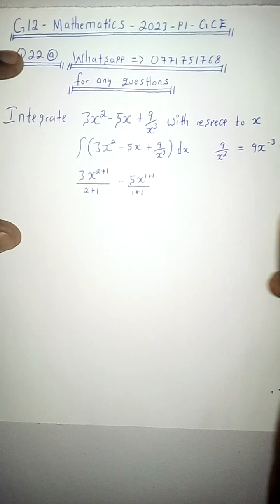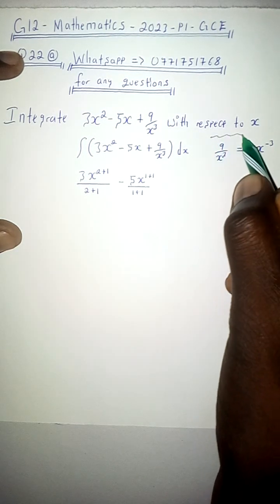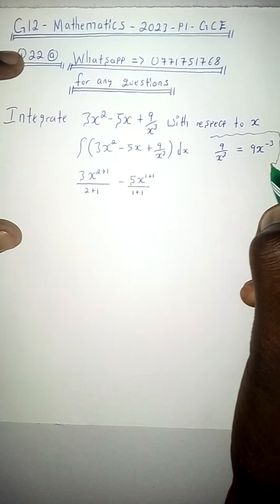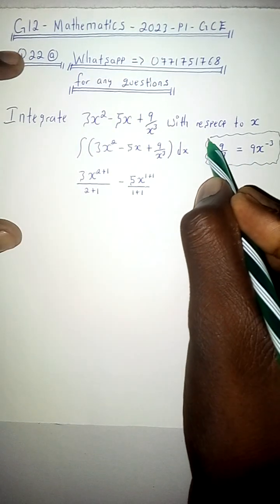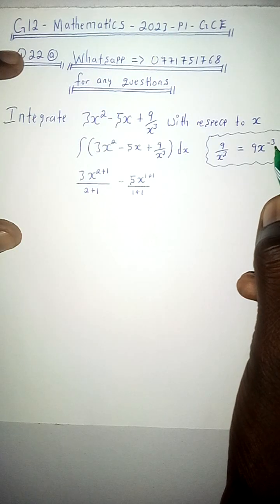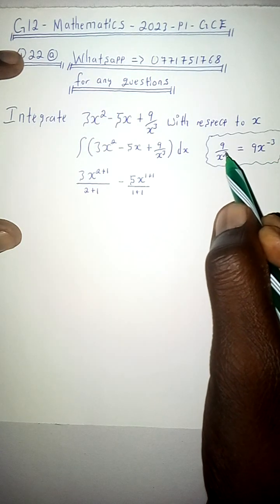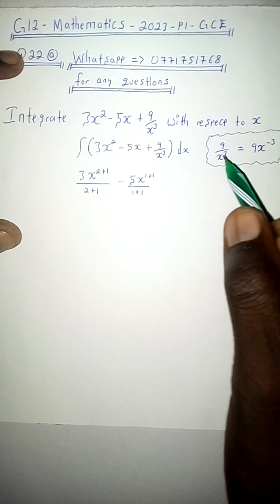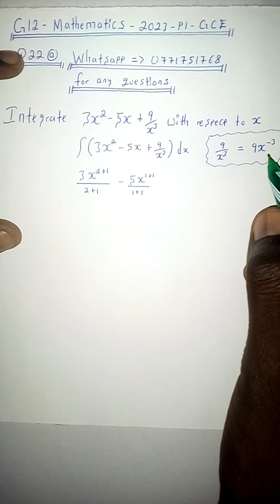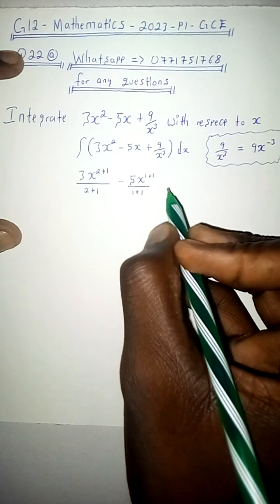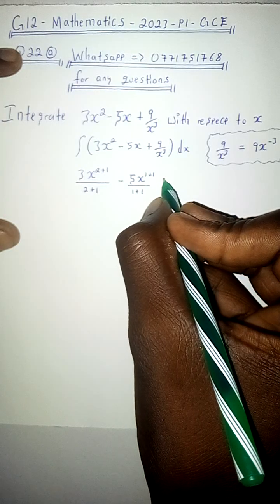Do you agree? Well, if you agree, then we are going to replace. So this can also be written as this. So when we have such a thing and we want to integrate, we are supposed to convert it in that form.